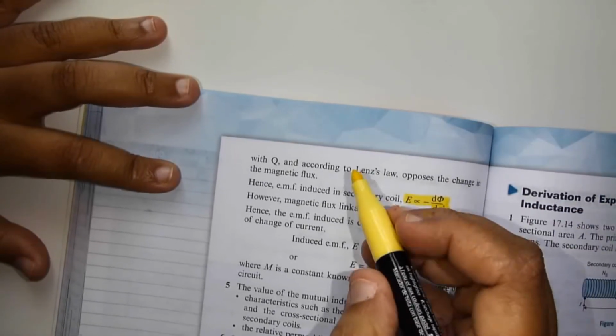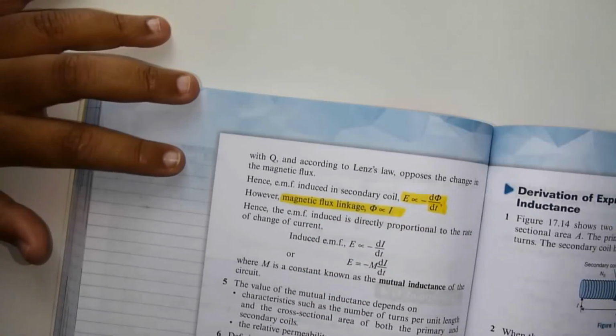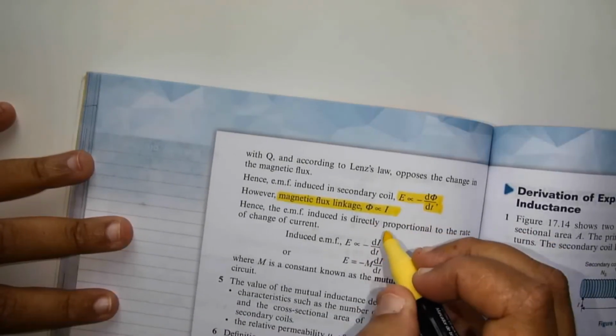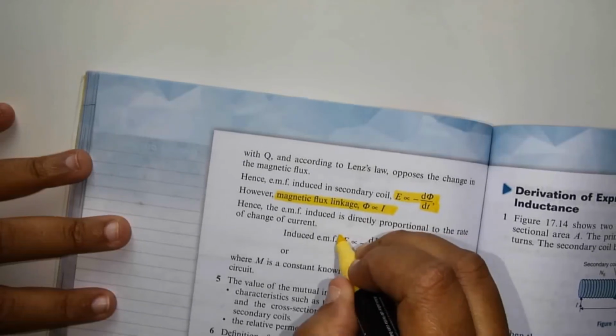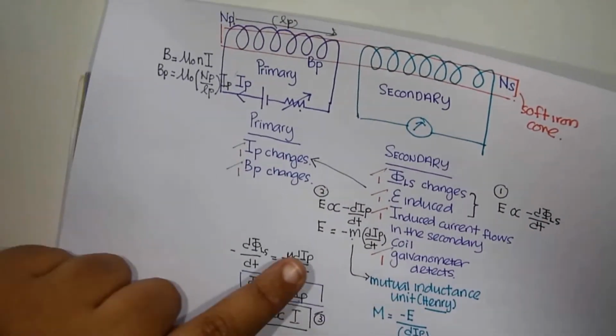Now, however, magnetic flux linkage phi is directly proportional to I. Then E is directly proportional to negative dI over dt, which is also concept number 2 that I have explained.